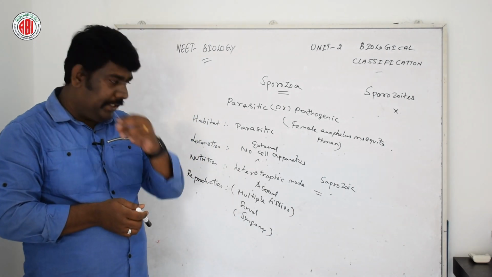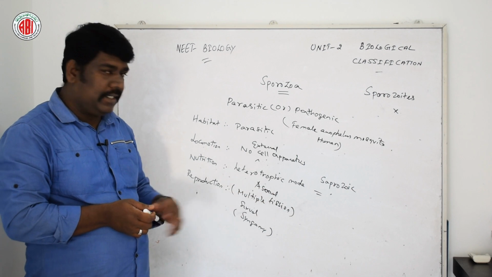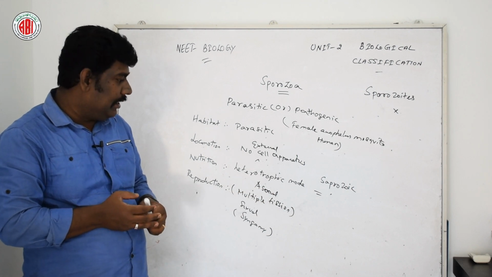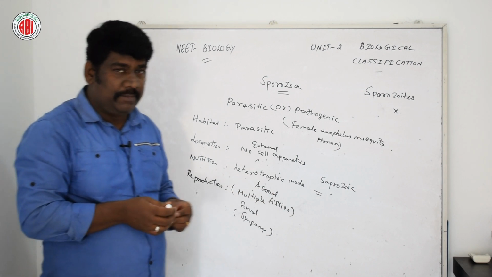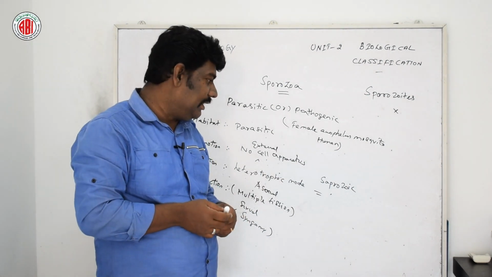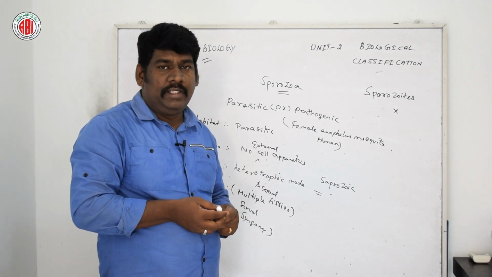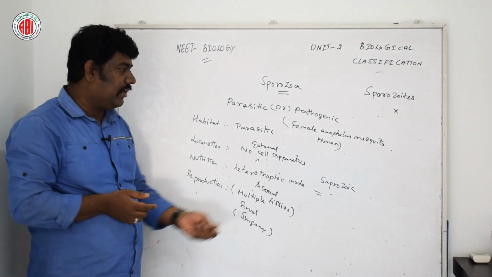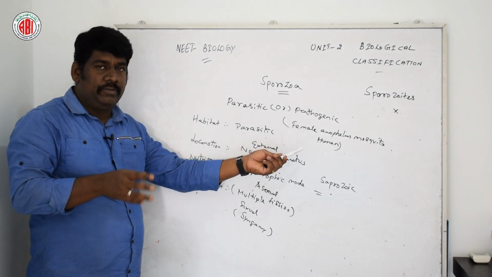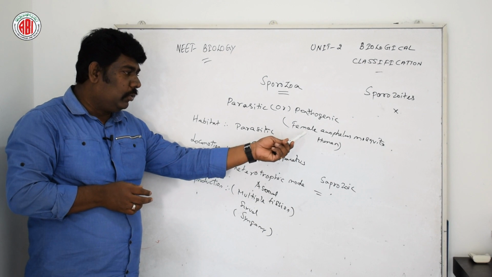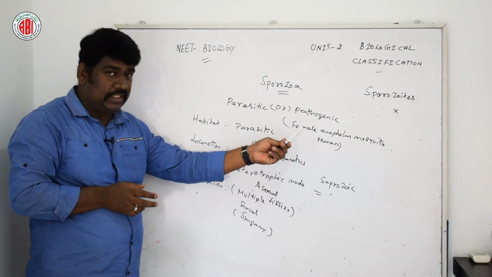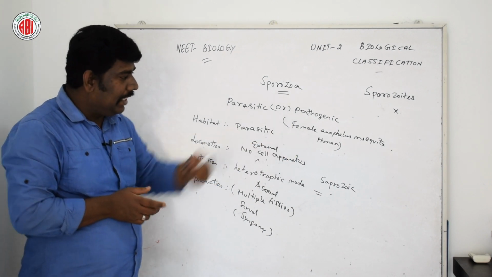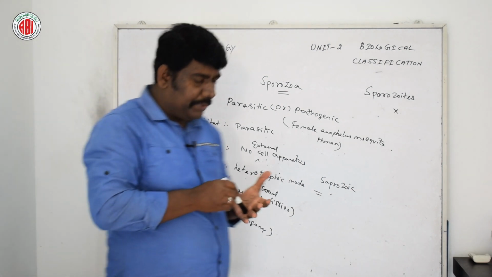Mostly the organisms have a parasitic mode of habitat. The best example for this category of sporozoa is Plasmodium, which continues its life cycle with two different host organisms, for example the female Anopheles mosquito and the human being.